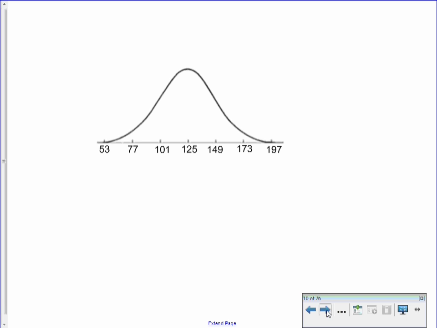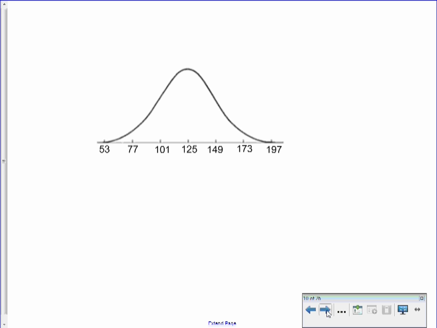Questions about setting up our graph? Well, your mean is at 125. And then you do your standard deviation.